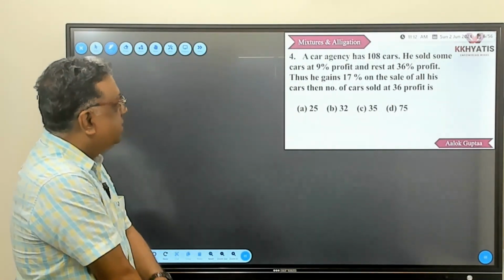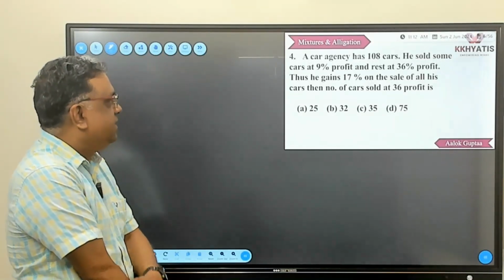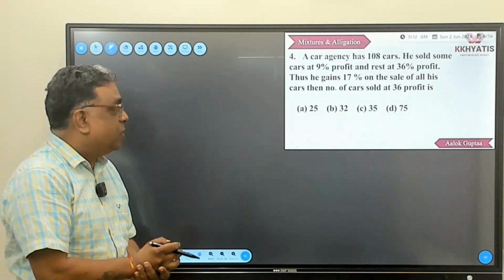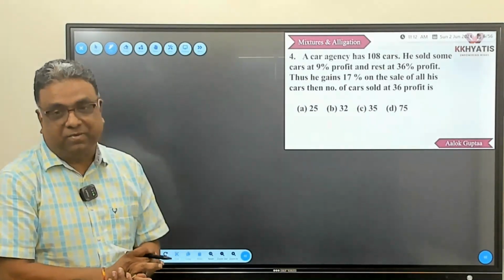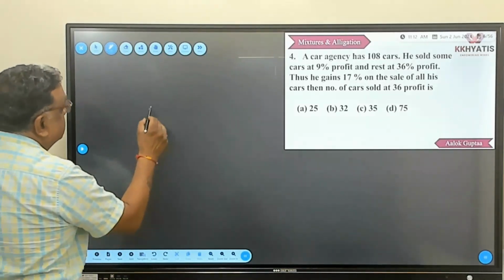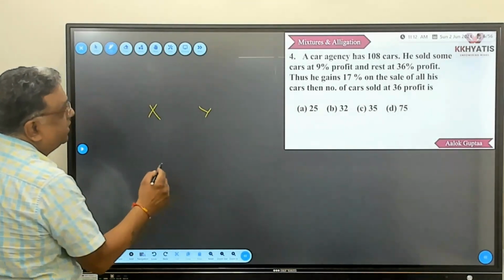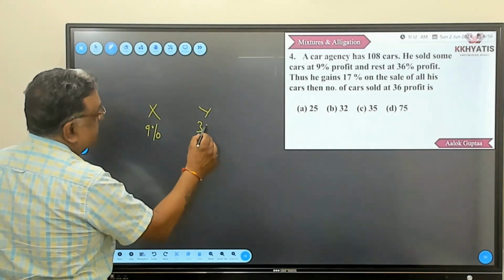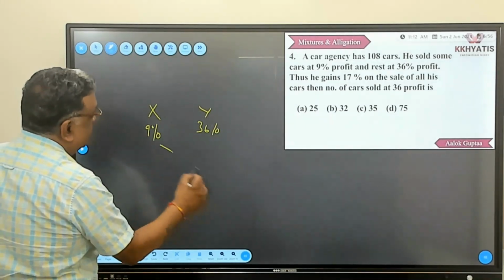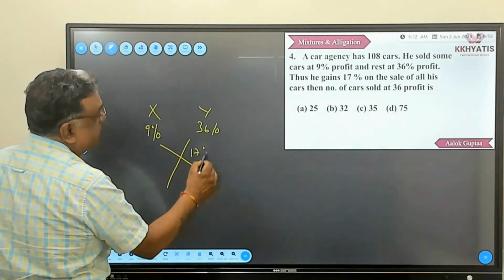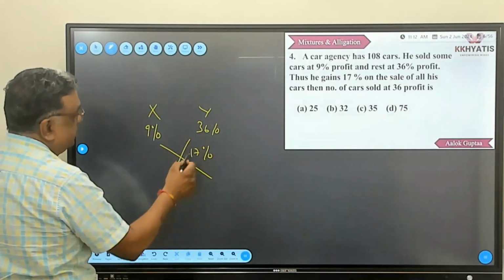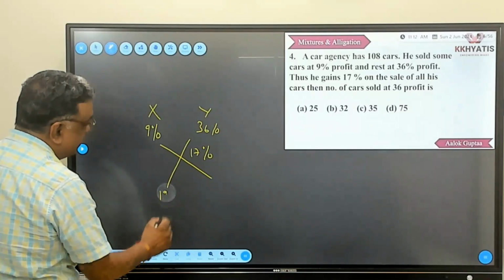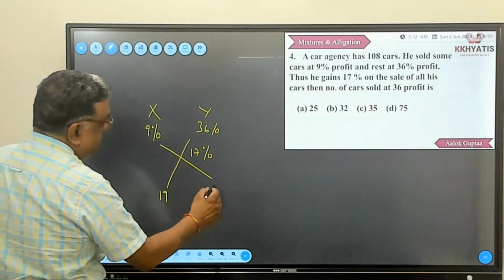An agency has 108 cars. He sold some cars at 9% profit and rest at 36% profit. Thus, he gained 17% profit overall. So, how many cars did he sell at 36% profit? So, let us say cars sold at 9% profit is X. Cars sold at 36% profit is Y. And overall, there is a profit of 17%, which means the differences from these two are 19 and this is 8.